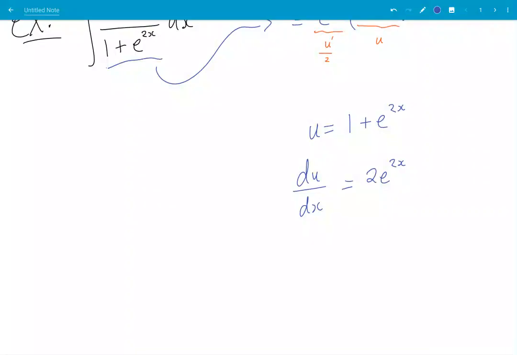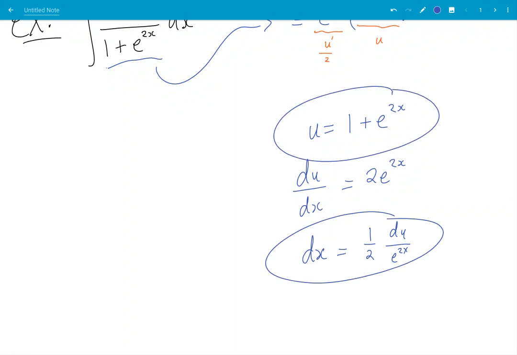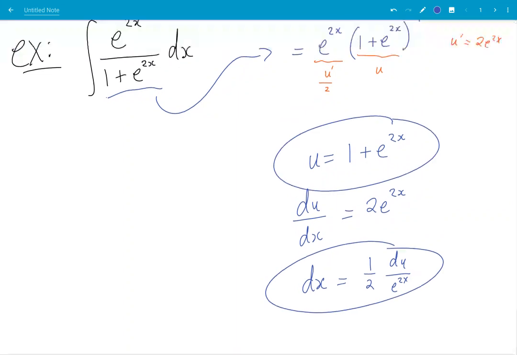So I choose u, take a derivative, solve for dx, and I get half du over e to the 2x. Plug that in and see what happens.